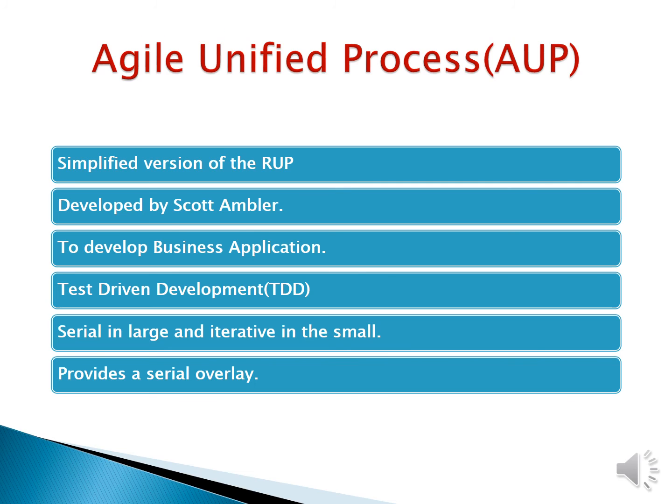The AUP applies agile techniques including test driven development, agile modeling, agile change management and database refactoring to improve productivity. The AUP adopts a serial in the large and iterative in the small philosophy for building computer based systems. By adopting the classic UP phases, activities like inception, elaboration, construction, and transition, AUP provides a serial overlay, that is a linear sequence of software engineering activities that enables a team to visualize the overall process flow for a software project.